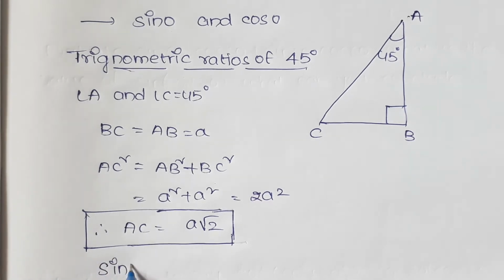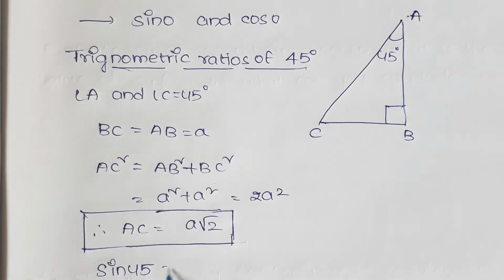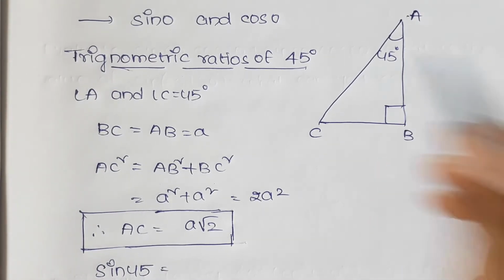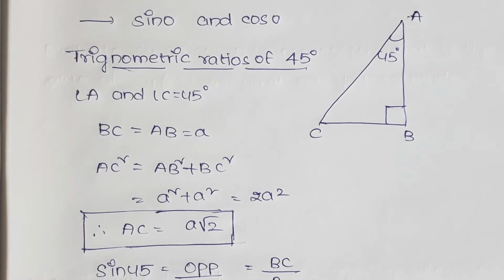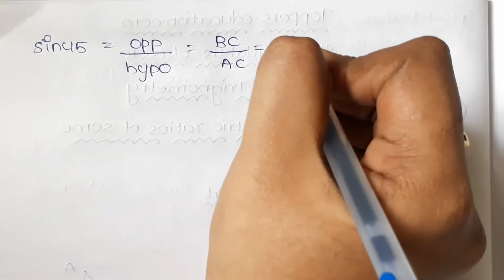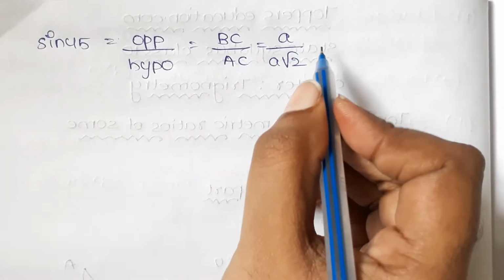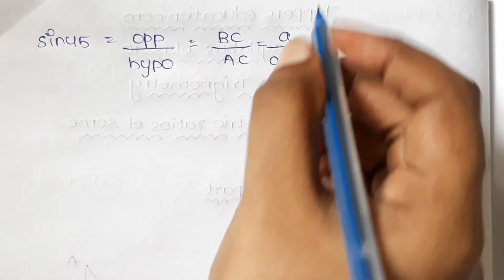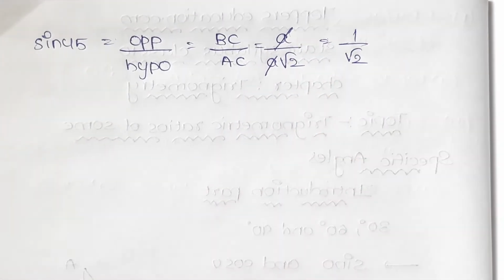Now sin 45, let us see. Sin 45 equals opposite side by hypotenuse, that is BC by AC, where AC is the hypotenuse. So here A by A root 2, BC is nothing but A and AC is nothing but A root 2. This A and A get cancelled, giving 1 by root 2.